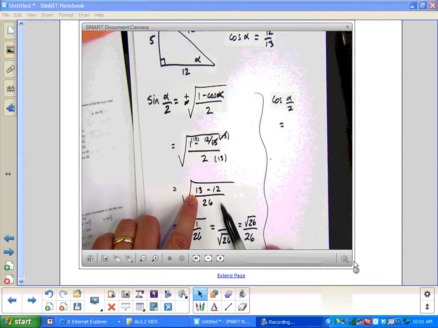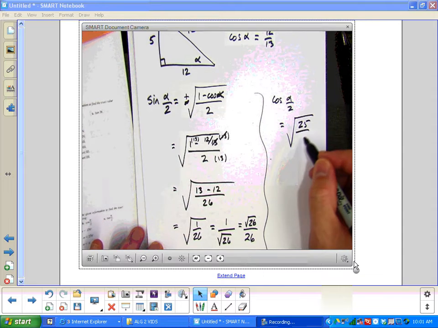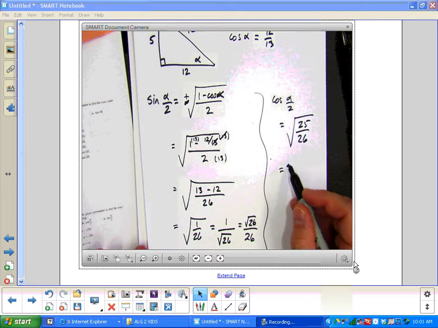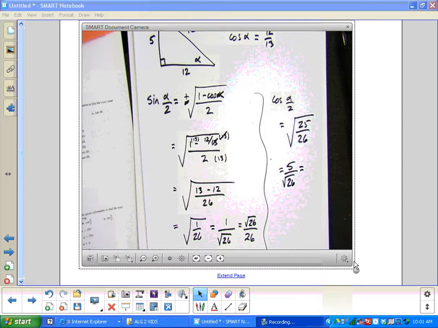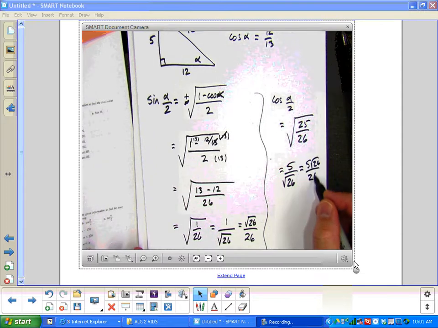All right, so I'm going to really shortcut it here. This would just be the square root of 25 over 26. And the square root of 25 is going to give me 5. So I'll get 5 over square root of 26, which would be 5 square roots of 26 over 26.